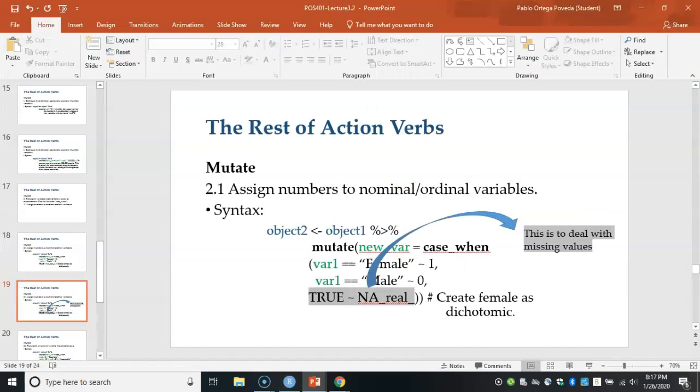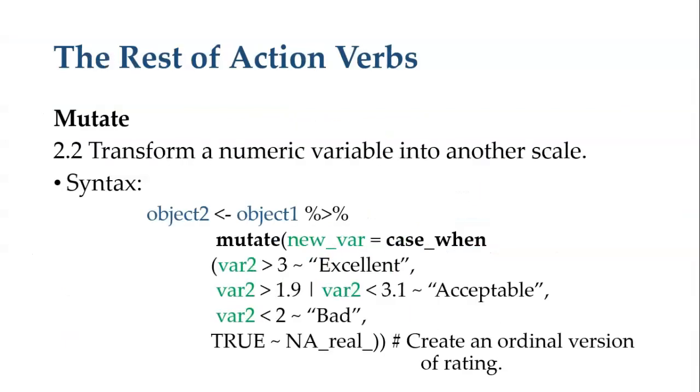Okay. So that's the first transformation that we can do. But you can also transform a numeric variable into another scale. You can do the opposite, for instance, as I am giving the example here. You can use a certain scale, for instance, a certain interval variable, and transform it into an ordinal variable. And sometimes it's useful to do something like that.